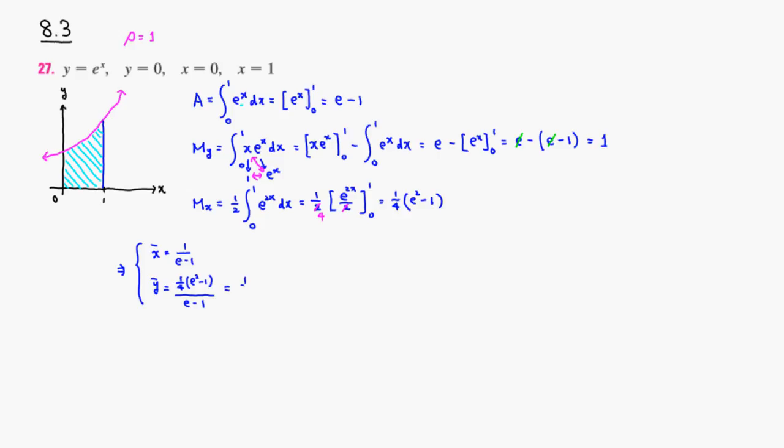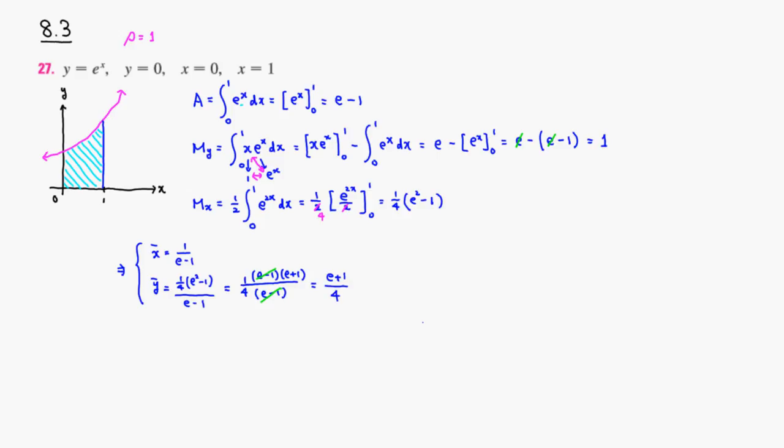I'm just going to put the 1/4 like that, and at the bottom you have e minus 1. Up here you have e minus 1 times e plus 1. Then we can cancel those out, and you get e plus 1 over 4.